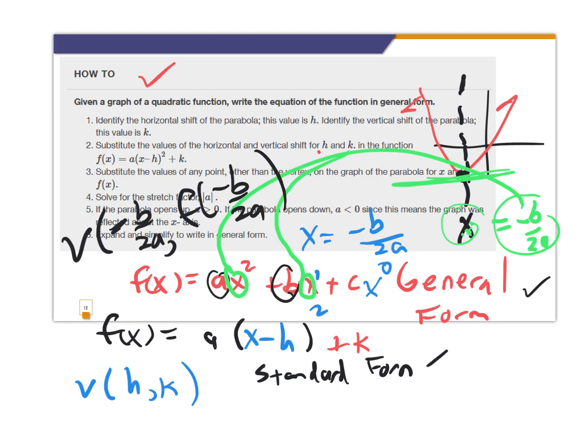Now, inside these steps, they talk about, well, what if a was negative? Well, if a is negative, in either one of these formats, we know the parabola goes upside down, because there's a negative in front. It doesn't matter what kind of number it is, -2, -3, even a plain -1, which we would just put a negative in front, goes upside down. A positive a will go up, right side up, okay?